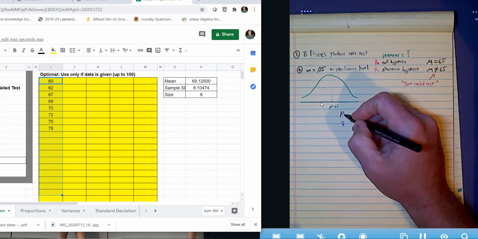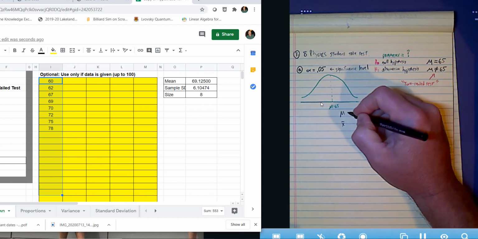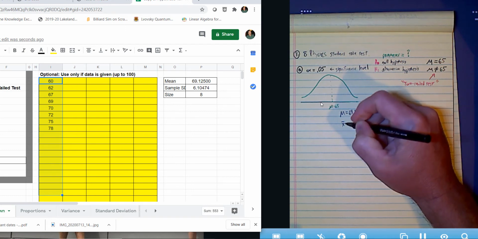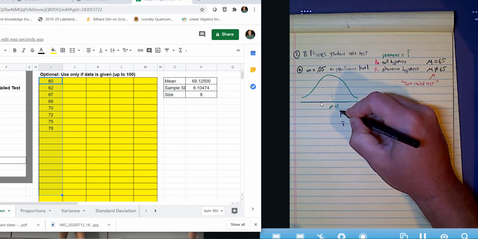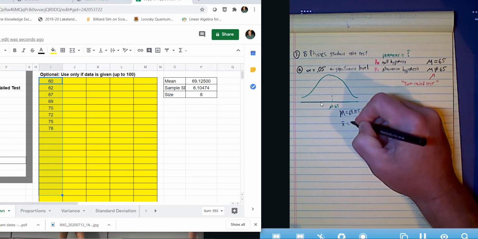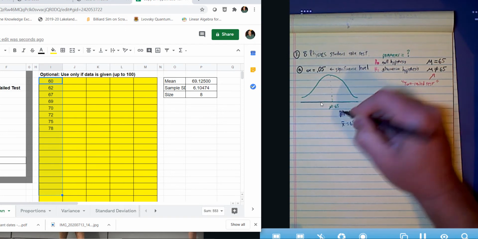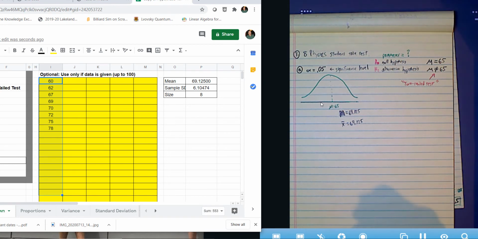Our book will call it M. That we computed, according to the computer on the left, 69.125, right? That's my sample mean. I think I should use X bar, otherwise it looks too much like my mu. So X bar is 69.125.